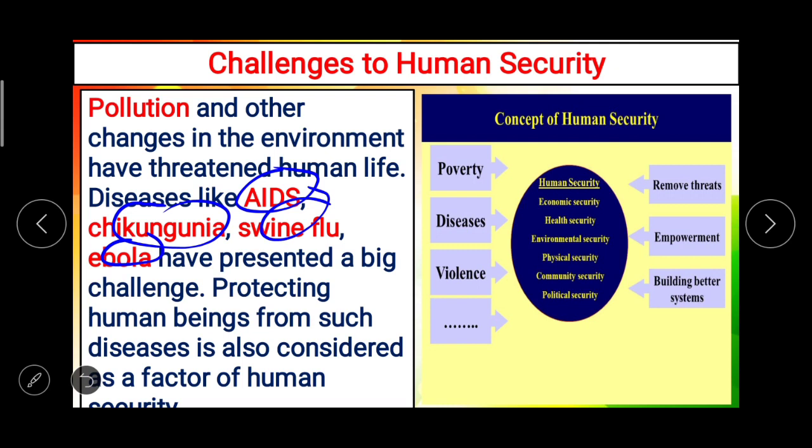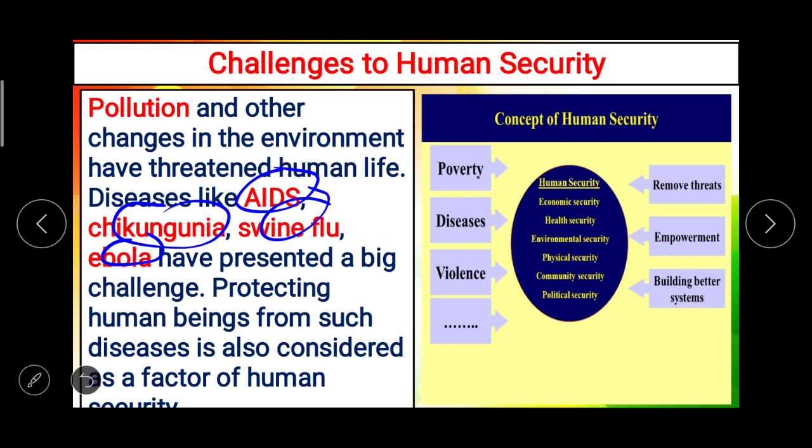And nowadays, the example of coronavirus we can include in this. Not only any particular country बल्कि पूरा वर्ल्ड इस चैलेंज को फेस कर रहा है, which is a challenge to human security. So the concept of human security, here you can see economic security, health security, environmental security, physical security, community security and political security.